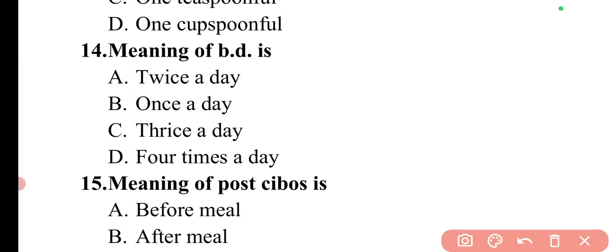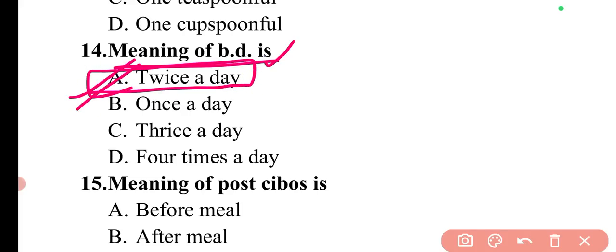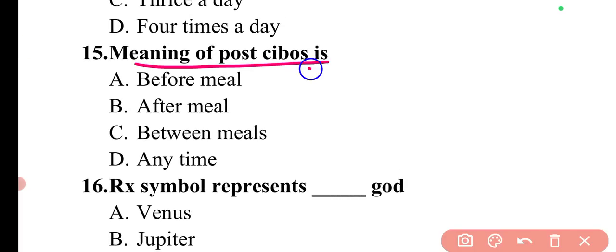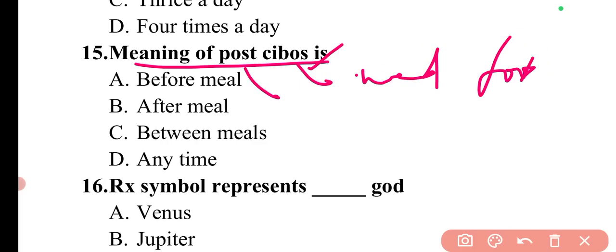Then the next question is: meaning of BD is. The BD abbreviation is used for twice a day. So here option A is correct. Then next question is: meaning of post cibos. Post means after and cibos means meal or food, so post cibos means after meal.